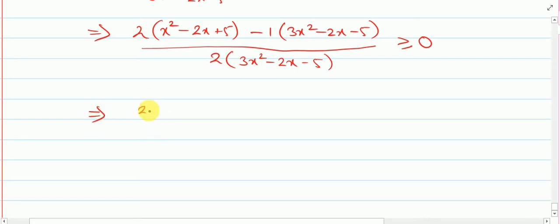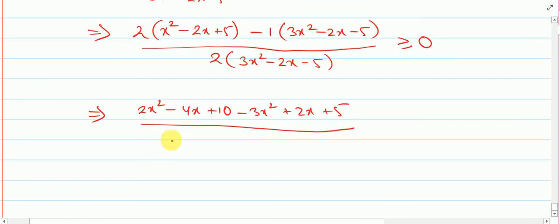So 2x square minus 4x plus 10 minus 3x square plus 2x plus 5, and here in the denominator 2 times, and this quadratic function can be written as 3 times x plus 1 x minus 5 by 3 greater than equal to 0.